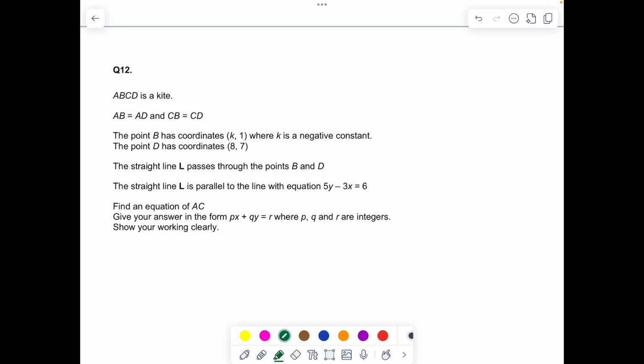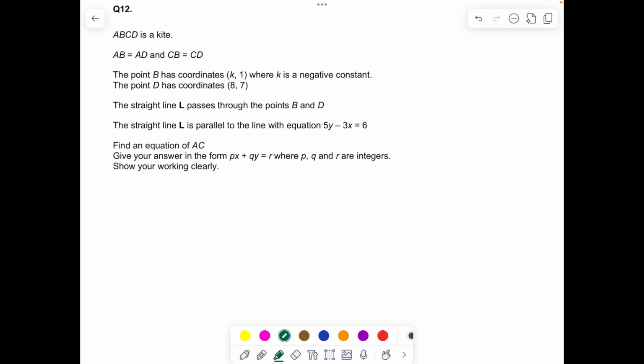Okay, this question 12 is a bit more of a complicated one. So you've got a kite, and we can kind of sketch it.